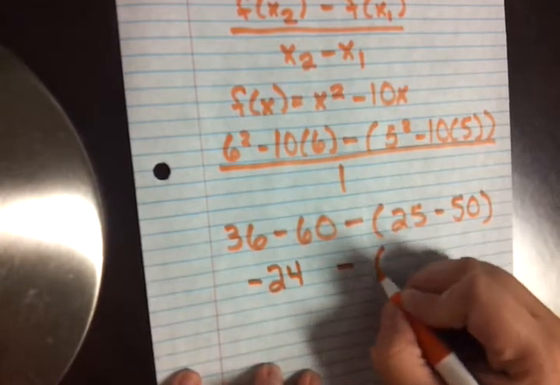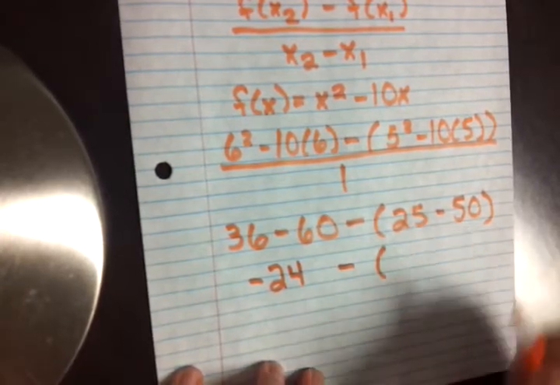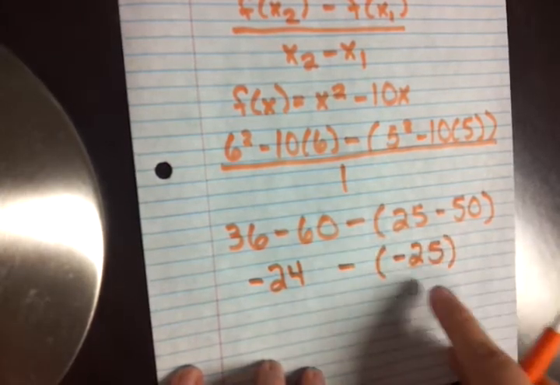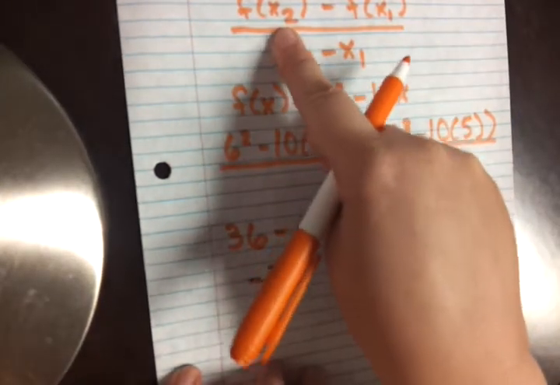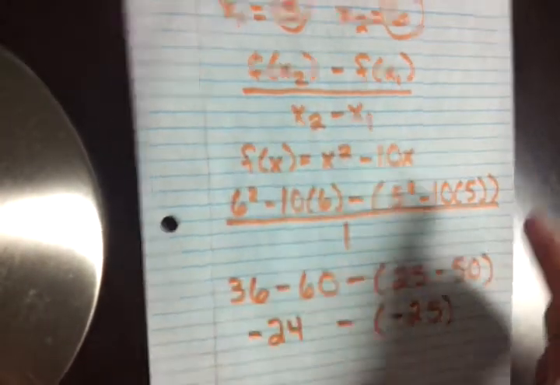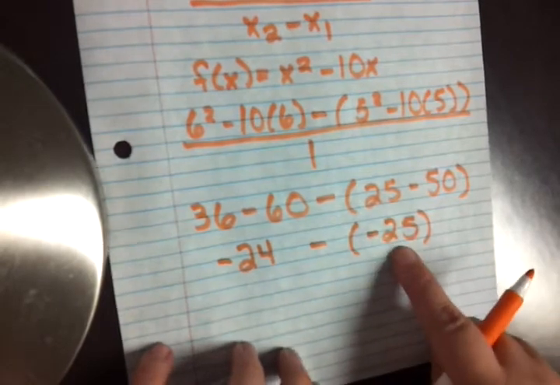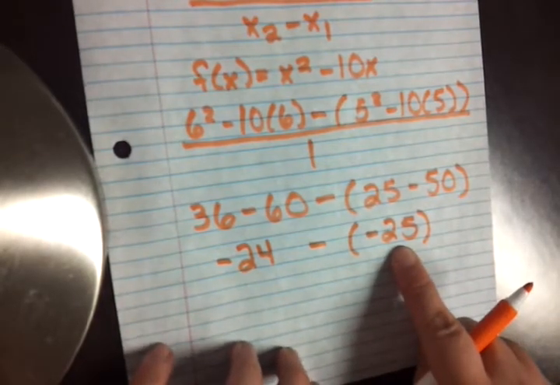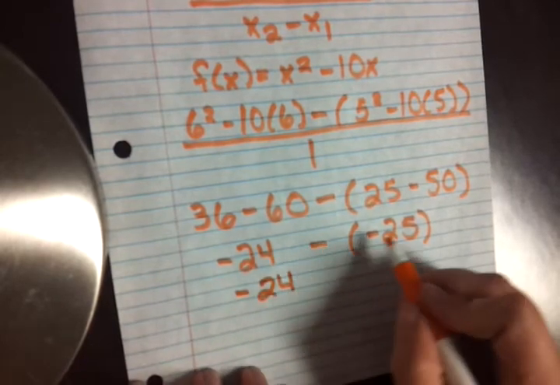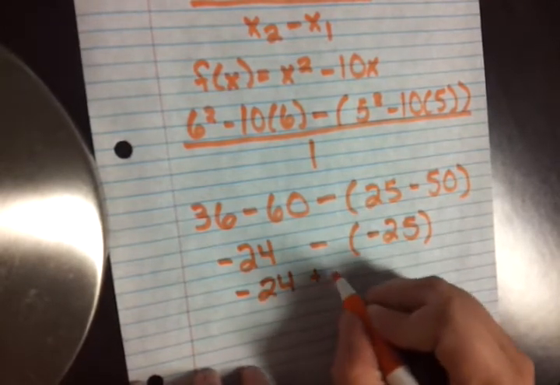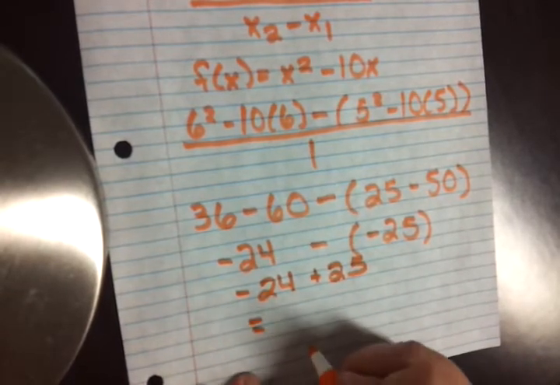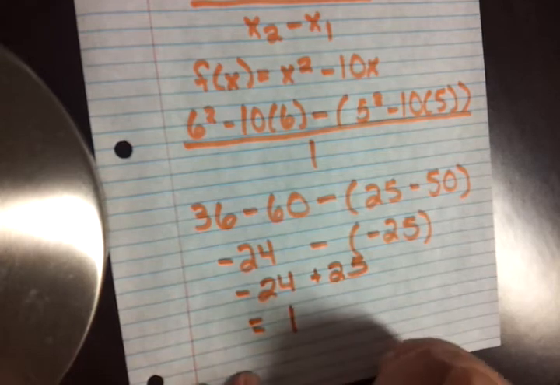And then minus what's in these parentheses, well, 25 minus 50 is going to be negative 25. So we know from now on, anytime we have this f of x1 up here, you are going to have a negative 25. We don't ever have to figure that out again. So minus 24 minus a negative 25, well, that's plus 25. And if we finish that, our answer is going to be 1.